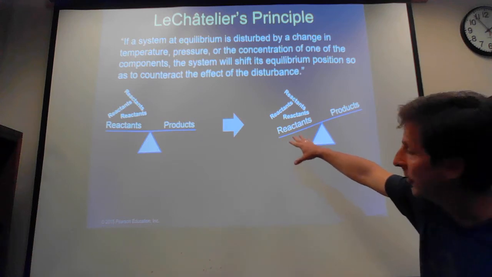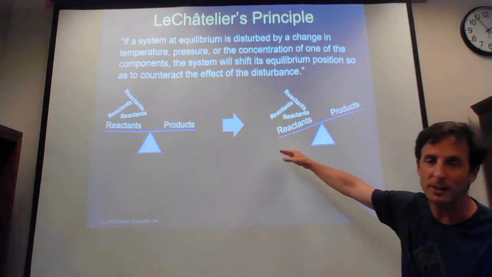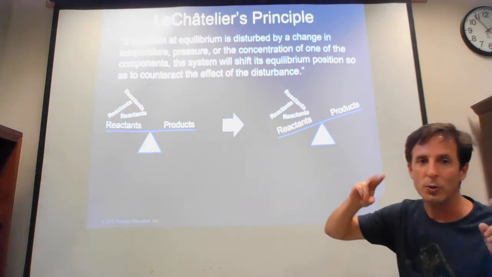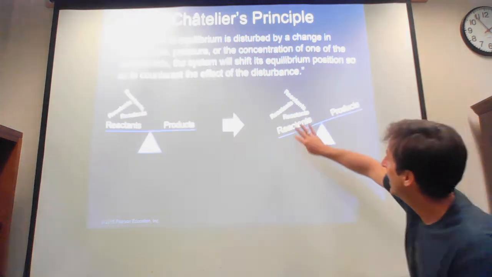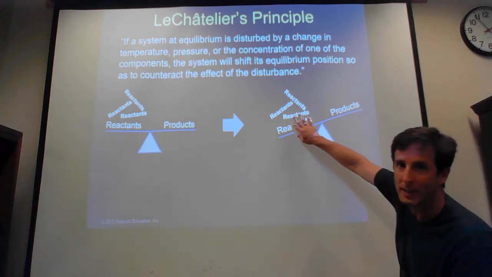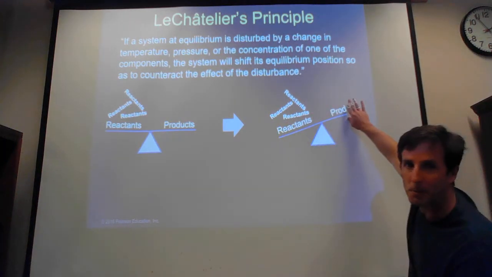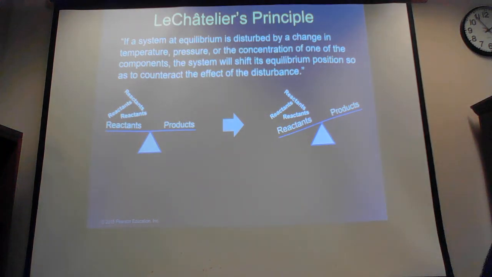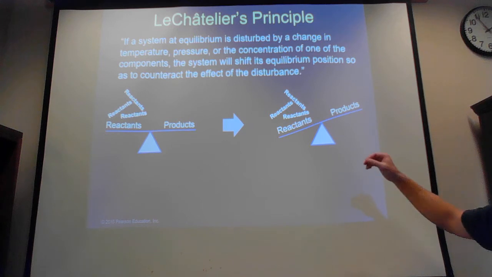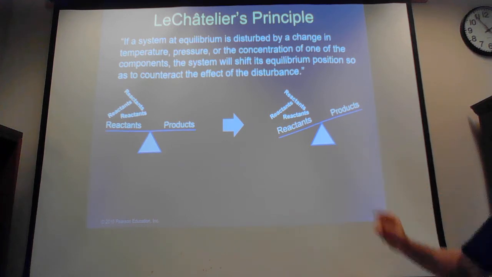There's too much on the reactant side, which is the left side of the reaction, so that side is too heavy. There's too much stuff there. So in order to get it back to balance, some of the reactant molecules have to be converted into products. If we convert it into products, then that's another way of saying the reaction is going to proceed to the right. We're going to form more products as a result of the change that we caused.